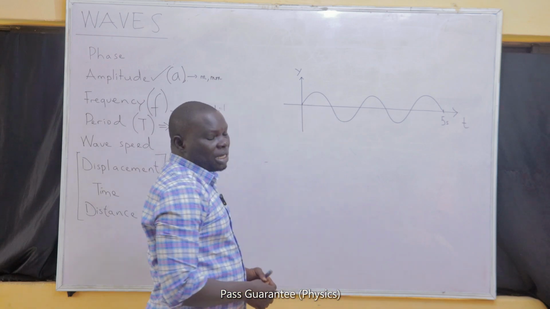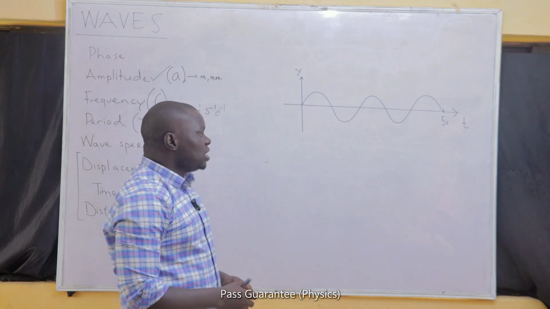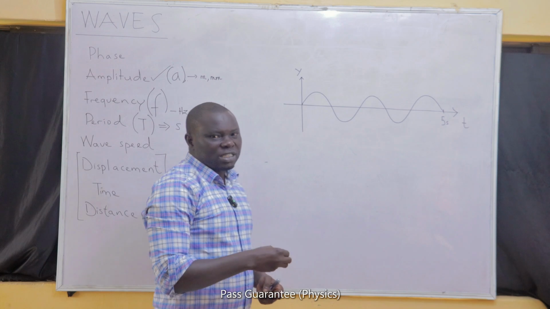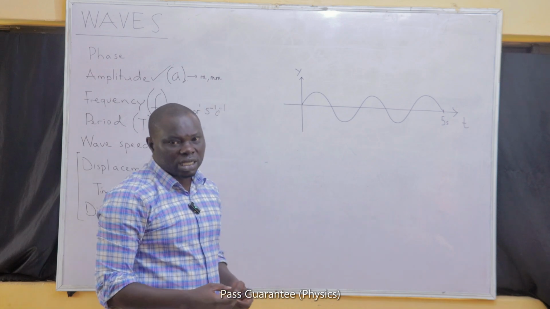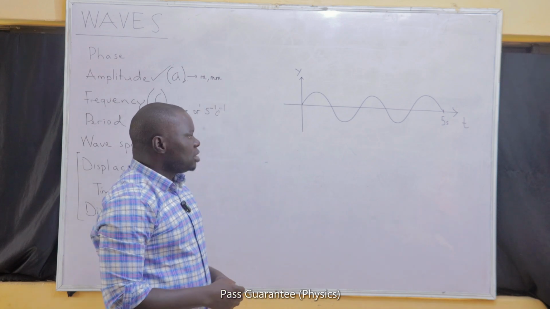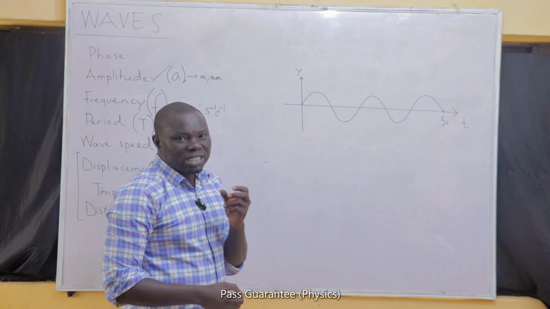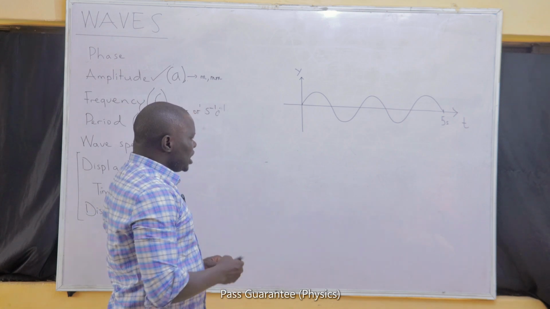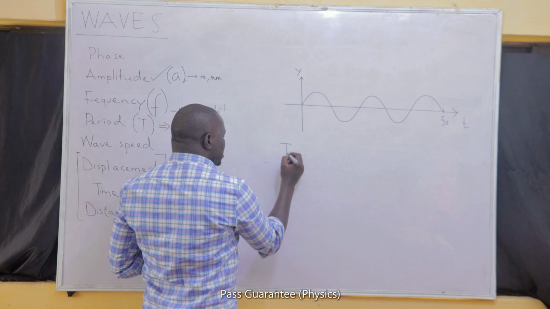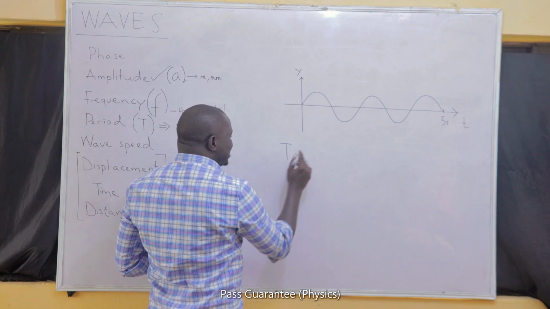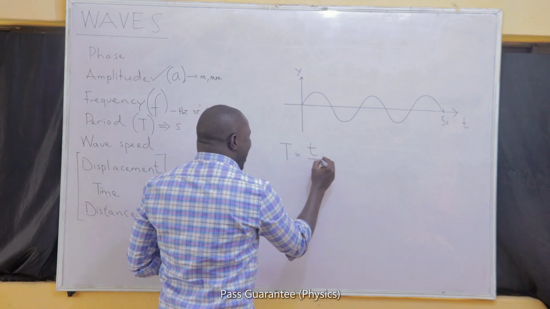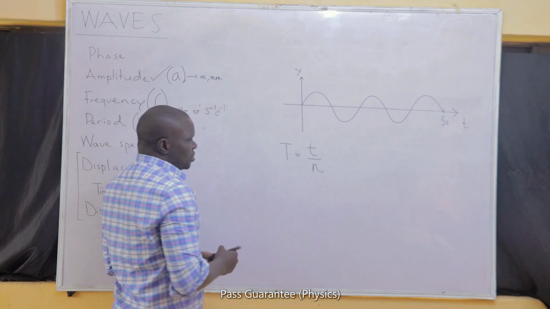Earlier on, we determined the frequency. We said the frequency is the number of cycles it will complete in 1 second, and we're able to get that. But the period is now the time that it will take it to complete a cycle. Generally, period is determined by dividing the time that they give you by the number of cycles that you are given.